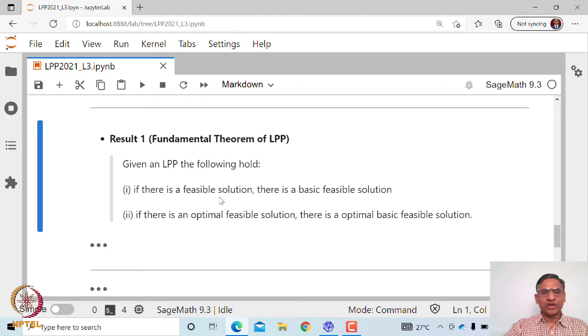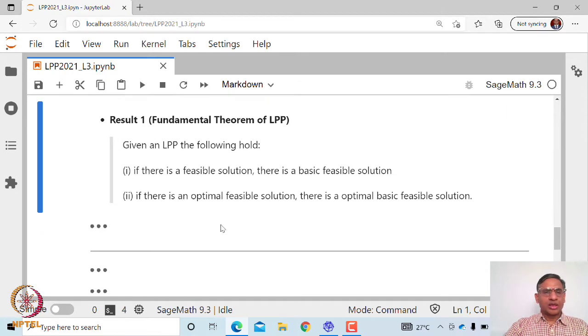So in case omega is non-empty, you can find a basic feasible solution, that means you can find a solution in which all the components are non-negative. The second part of this theorem says that if there is an optimal feasible solution, then there is an optimal basic feasible solution. That is what is called the fundamental theorem of linear programming problem.